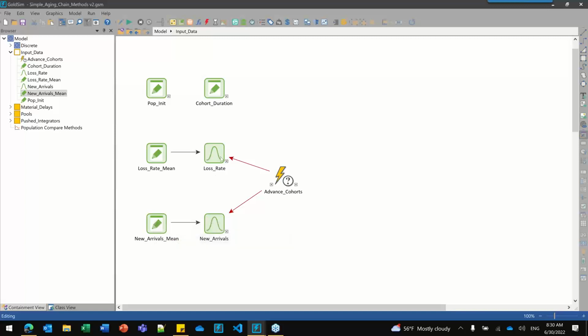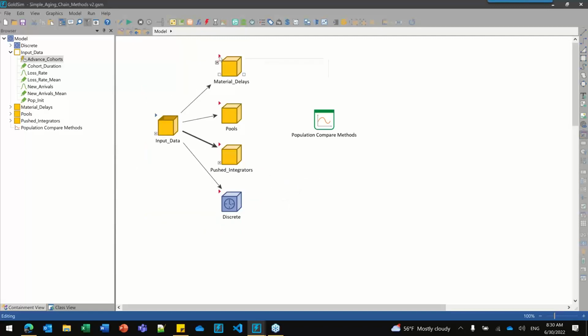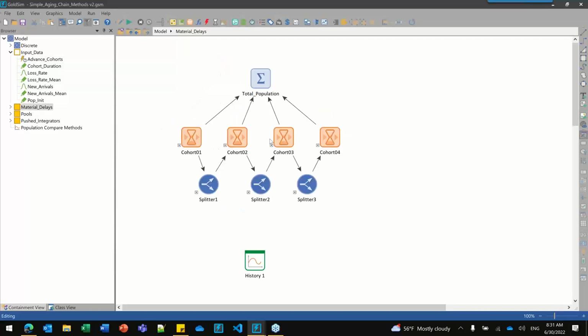But I've varied the loss rate and the new arrivals using a stochastic. And then I have a global event that is called advanced cohorts. Essentially, this is what causes all of the graduates to move from one cohort to the next. It's what triggers that. All right, so with that, we can go into each of the methods. So here's material delays. If I open that one, here are my 4 cohorts.